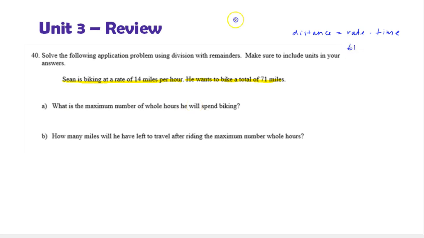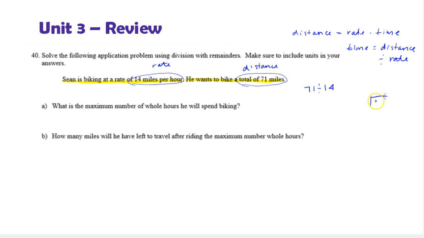So equivalently with division, time equals distance divided by rate. So our distance is 71 miles and our rate is 14 miles an hour. So this is rate. This is distance. So we want to divide 71 by 14.